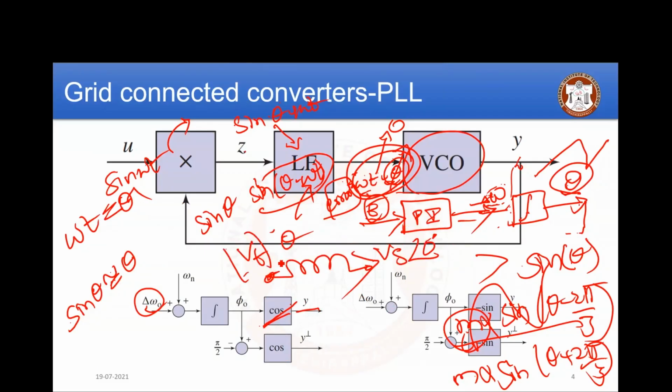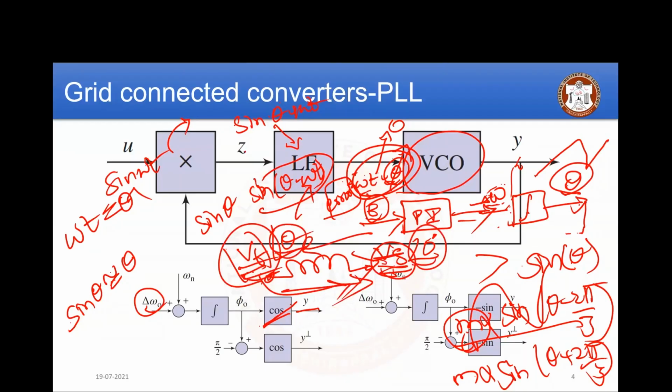That Vt magnitude you have to adjust. That means there should be a difference in the fundamental component magnitude. If the magnitudes are different, then you are injecting reactive power. Based on the magnitude variations, the reactive power flow may change, and based on the phase difference, the real power may change.